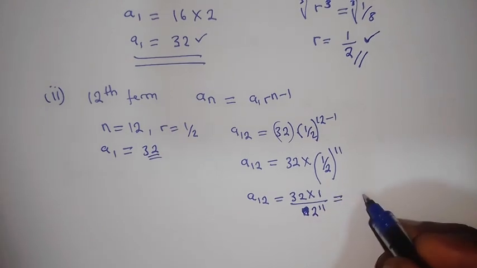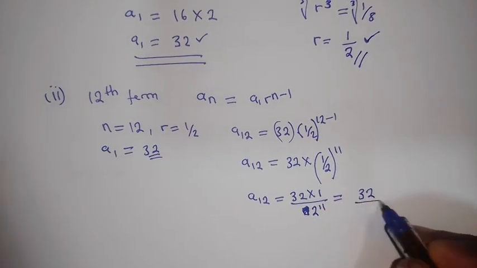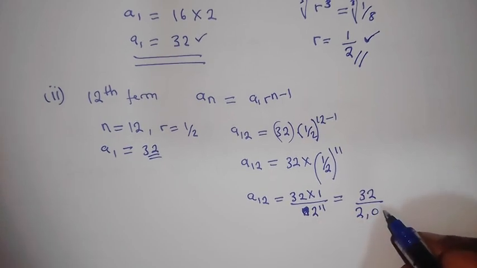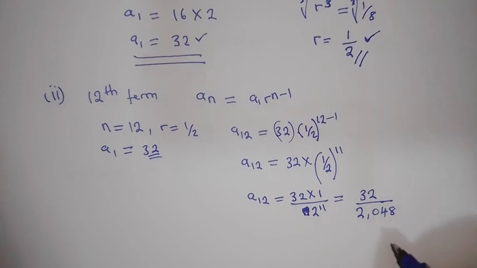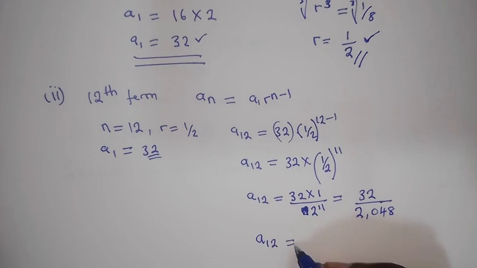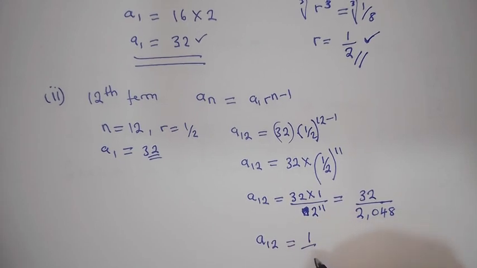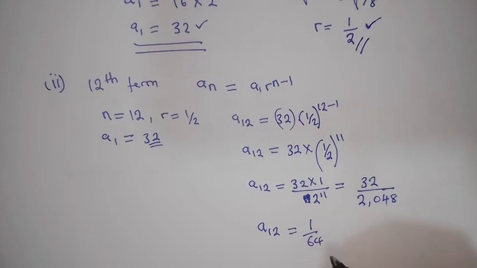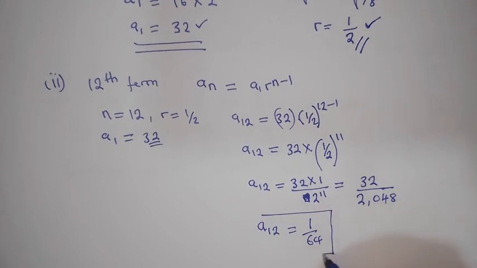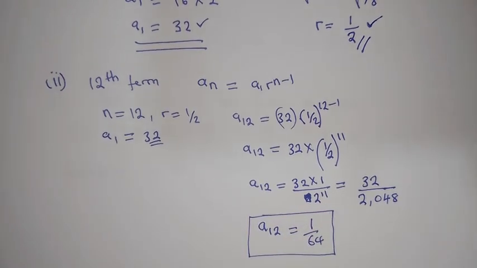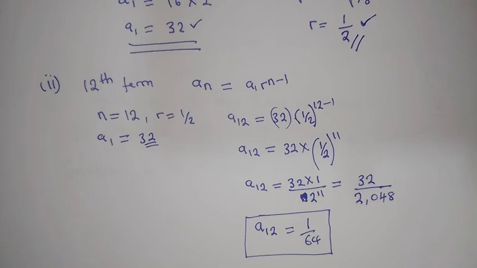So this is going to be 32 divided by 2048, since 2 to the power 11 is 2048, and this will just be a12 is equal to 1 over 64. So this is your a12. That's how you can find question 3.